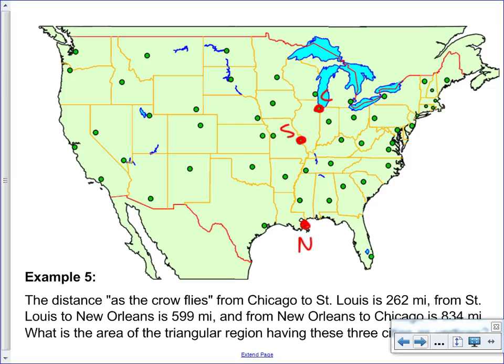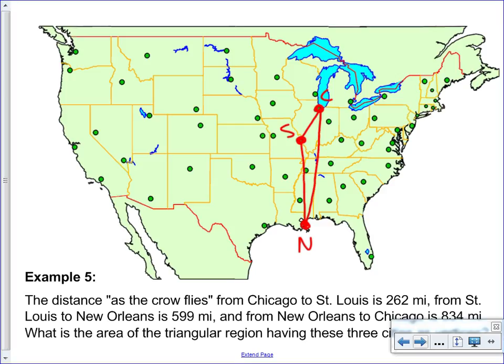Do you see a triangle? Because I do. The problem is the distance as the crow flies, meaning you don't take the freeway.